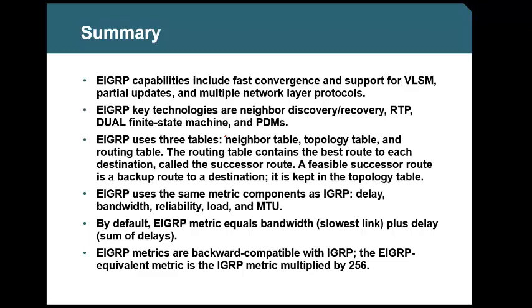Wonderful. So the reason why we don't consider reliability, load, and MTU is that reliability and load are variables, and bandwidth and delay are already considered, which are constant. So we do not want to have another constant, MTU. Again, I am going to repeat those things with much more clarity in our next class, in more detail.